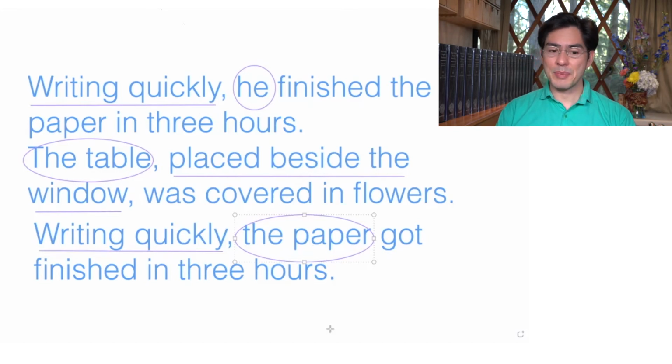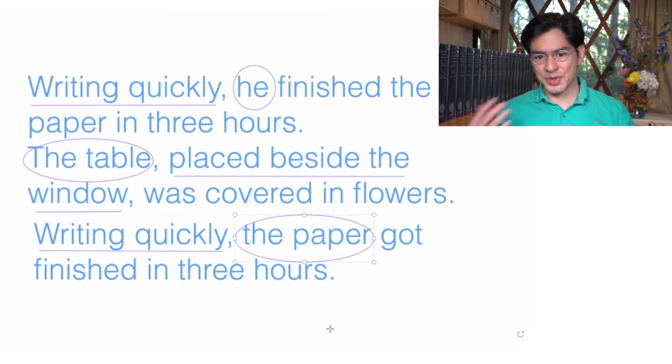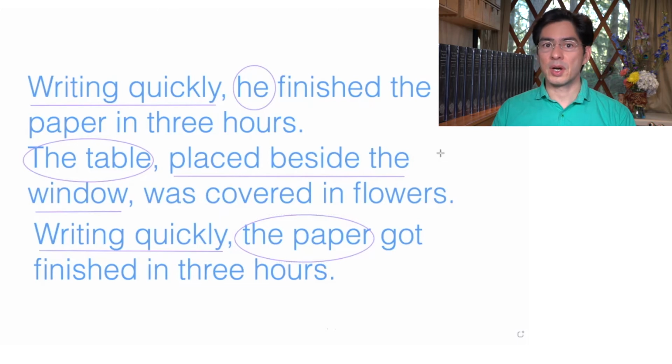So writing quickly, the paper, and then it doesn't make any sense. Got finished in 3 hours, because if the paper was writing quickly, then it couldn't get finished. It would finish itself. Anyway, you can see how, in this case, the lack of clarity about the relationship between the participle phrase and the rest of the sentence leads to what we call a dangling participle. That means a participle that's hanging out in space, so to speak, and not clearly connected to its sentence.